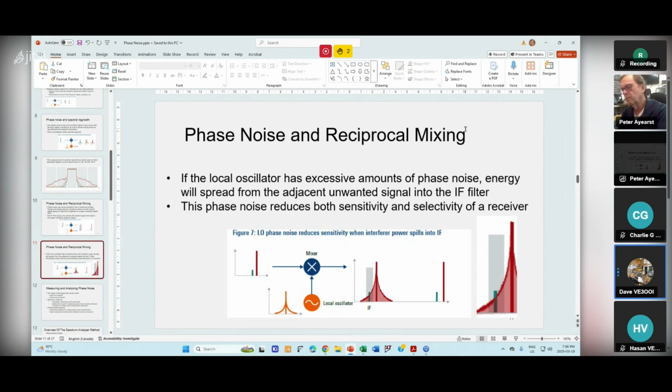But how do we know? If we built a radio and we're listening to it, at what point do we listen to it and say, oh, this has got a problem, I better go check the phase noise? That's kind of what I'd be interested in, is how does this apply to the real world?